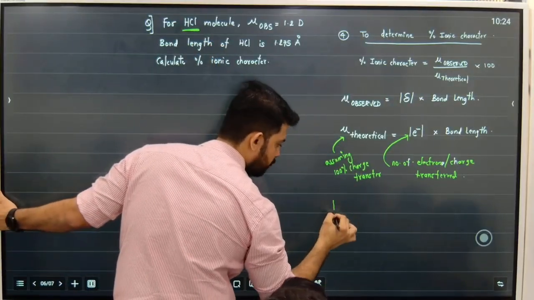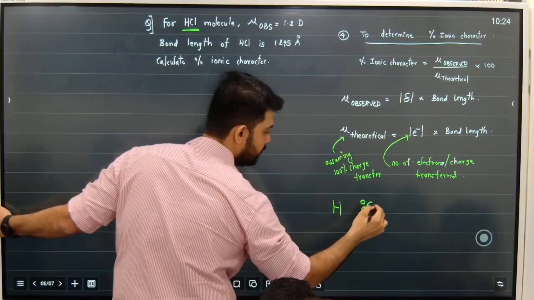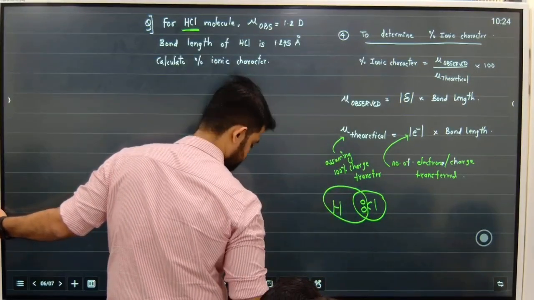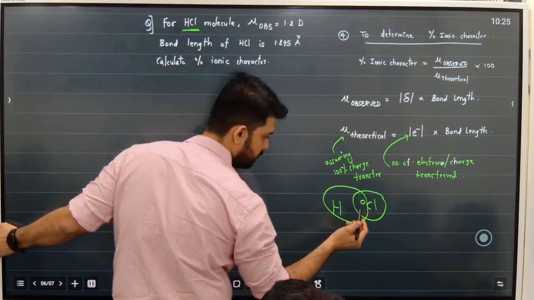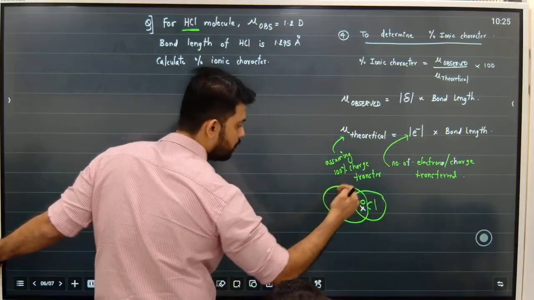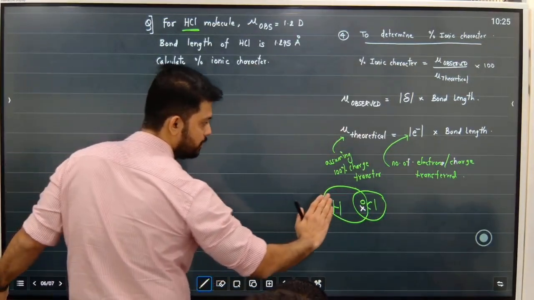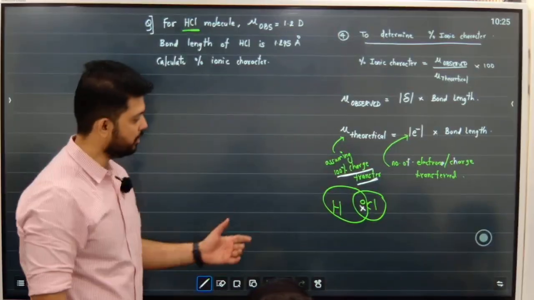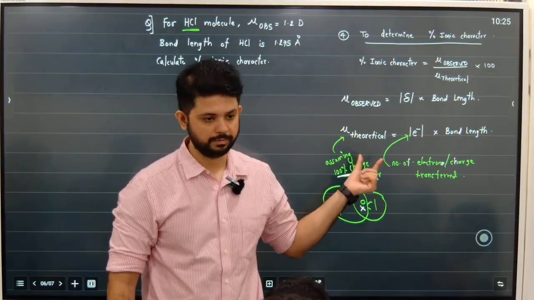So in theoretical, what I am assuming is that entire transfer of electron has taken place to Cl. So let's see, this crossed electron that belonged to H now completely belongs to Cl. So assuming there's 100% charge transfer, what dipole will be generated? That will be called mu theoretical.